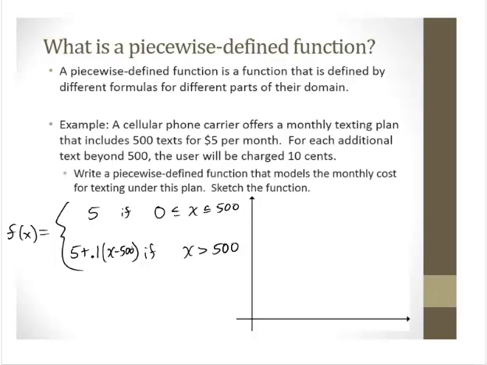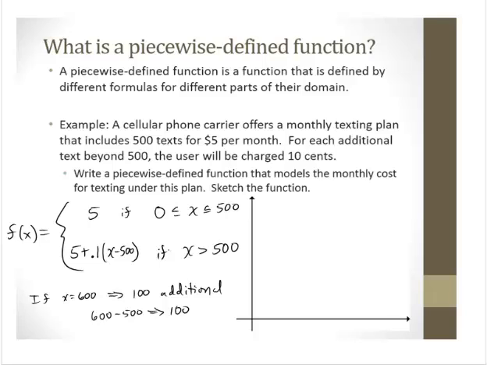So notice, if x is 600, that means I have 100 additional, right? And notice that 600 minus 500 does give me the 100 additional. Alright, so here is a piecewise-defined function.